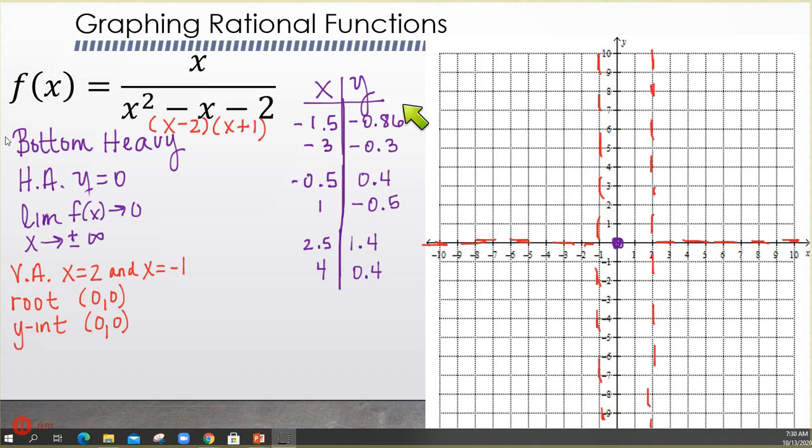So these are the corresponding y values. So I'm going to go ahead and plot these points. And the main thing we're really trying to figure out is where is the function. So we want to know, is it greater than 0 or less than 0? And we can see from these y values that at first we have a function that is below the horizontal asymptote, and it's approaching 0.